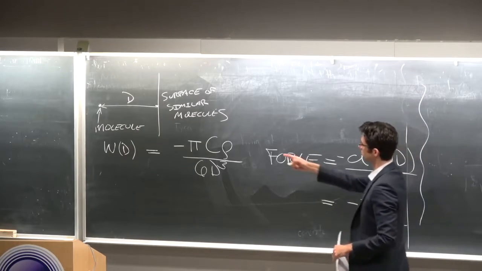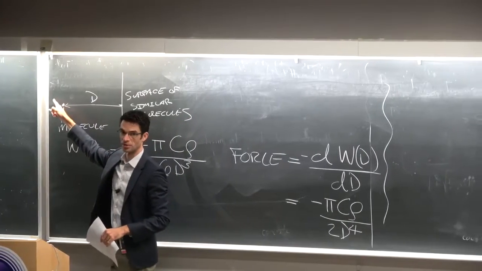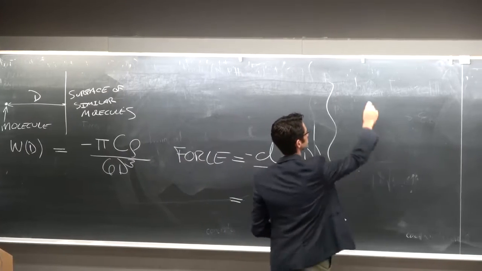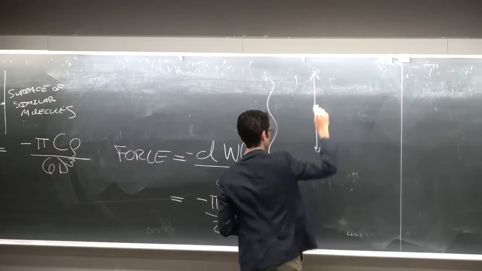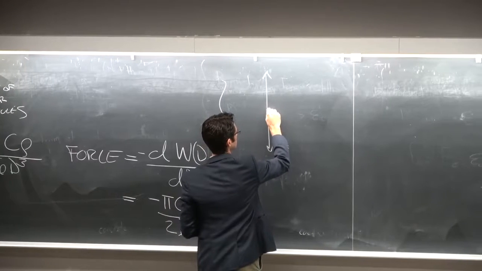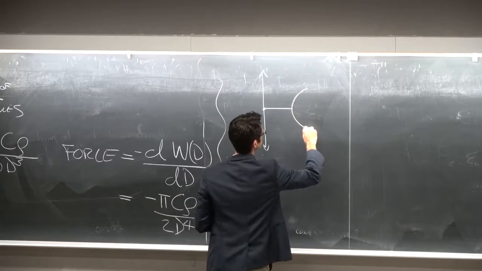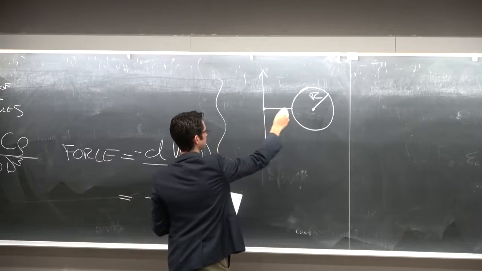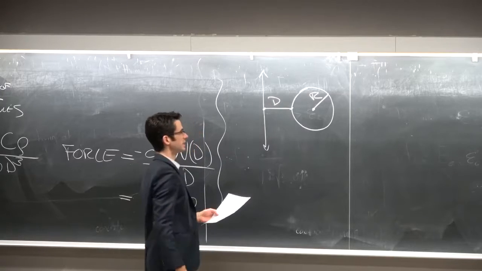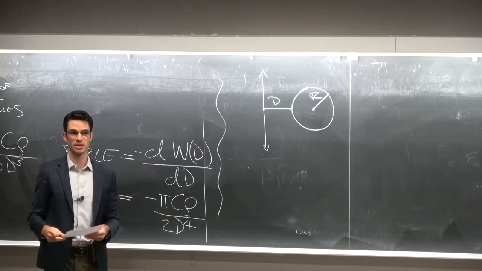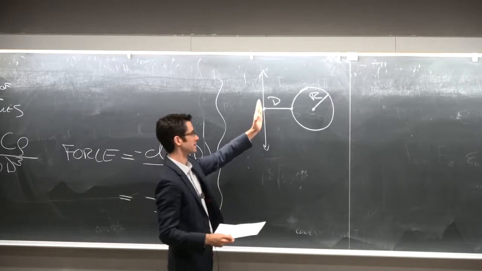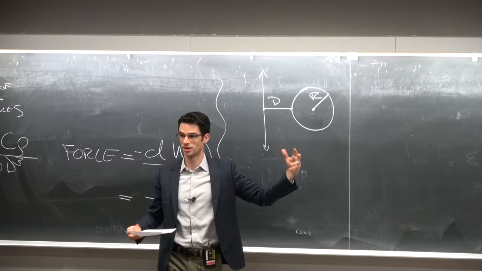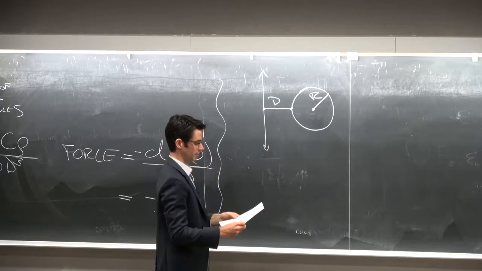So what if instead of a molecule here, we had a sphere of molecules? So in this case, we have a surface and a sphere separated by distance d. Now remember, when we're talking about nanoparticles, we're always talking about the surface to surface distance, not the center to center distance, as we are in the case of molecules.